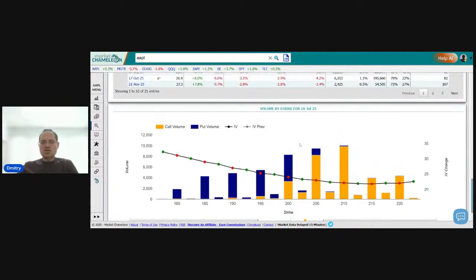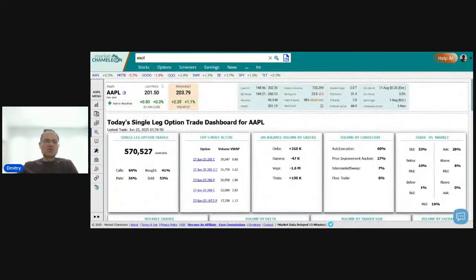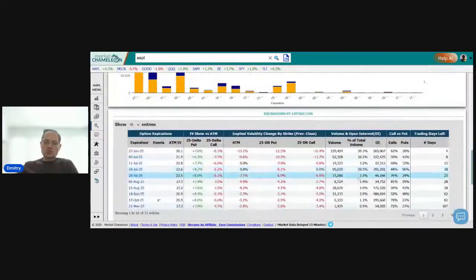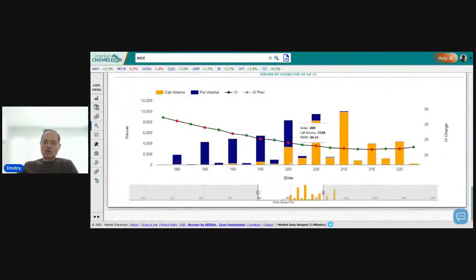Apple stock is, where is it? Sorry, 201. So it's right around here. And we can see as the strikes go up and up, it looks like the implied volatility is expected to decrease, maybe level off over here. And if the stock goes down, it's expected to increase.